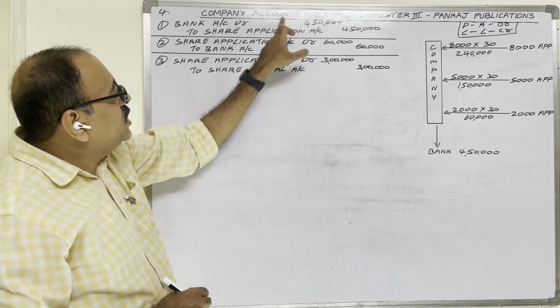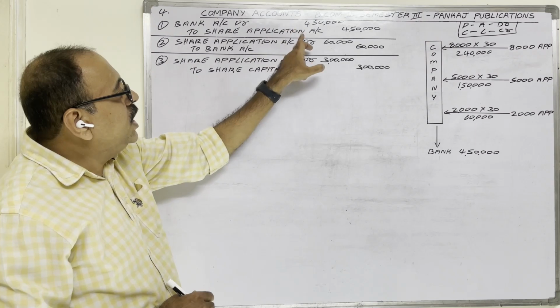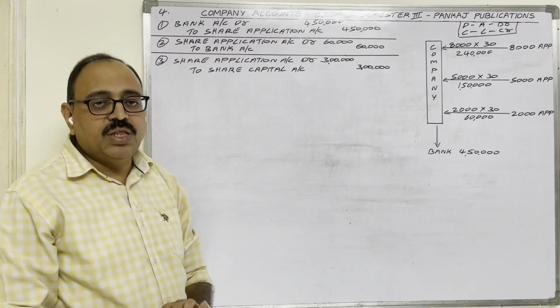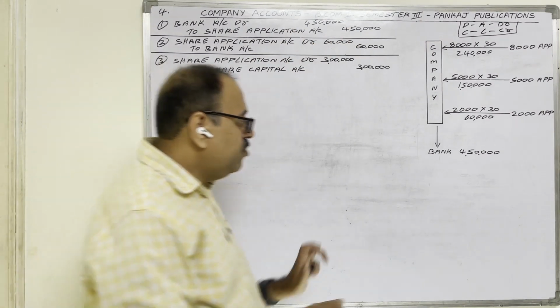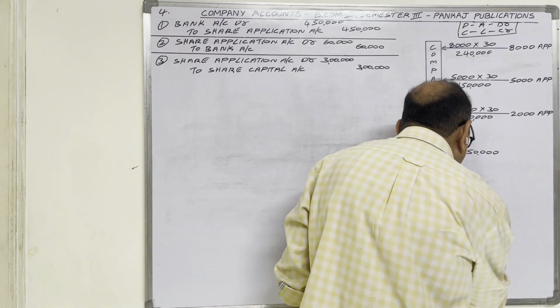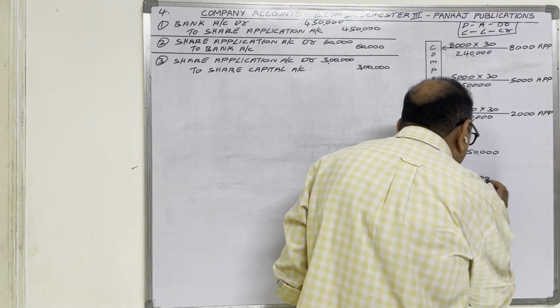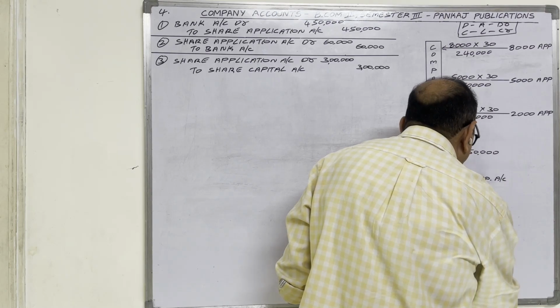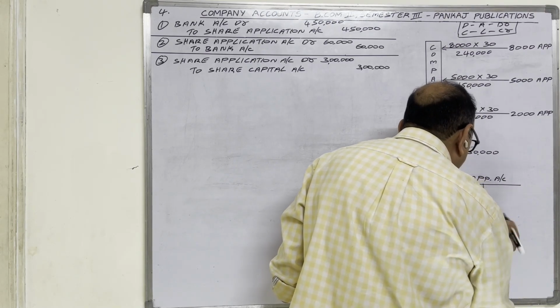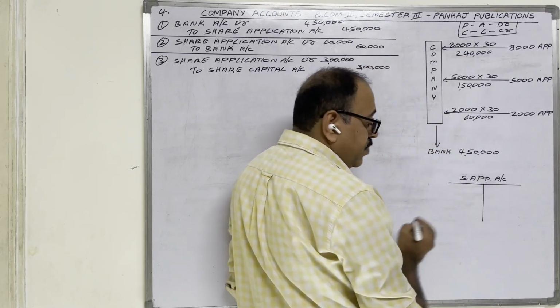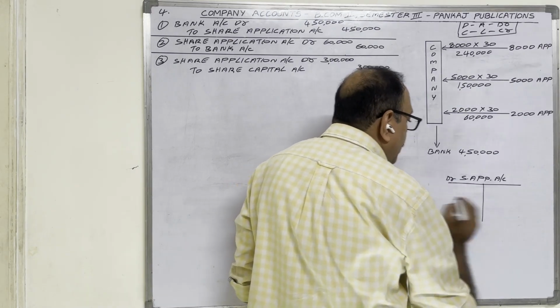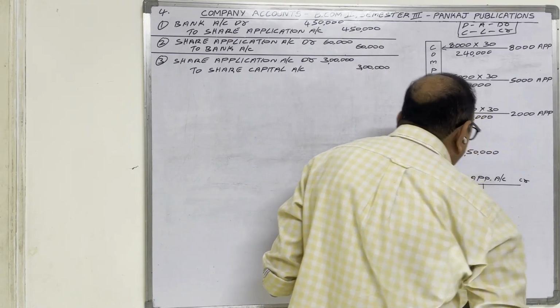See, in first entry we have credited share application account with 4,50,000. So roughly I will show share application account here. If you post this first entry, this is account, left side debit side, right side credit side.